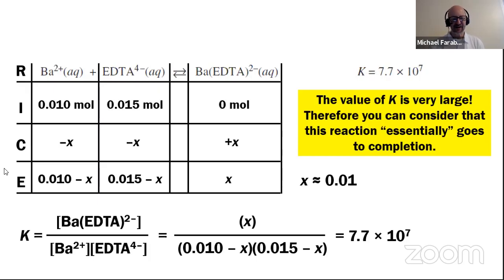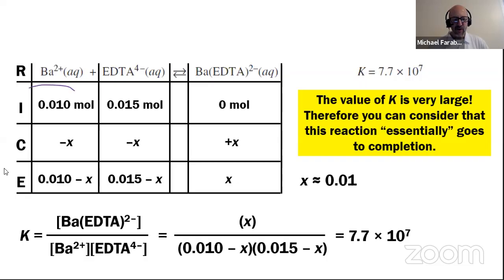And as was mentioned in the course and exam description, you can assume that reactions with a rather large value of K, I would say around 1,000 or higher, essentially go to completion. So therefore, if X is equal to 0.01, essentially this is a limiting reactant problem.